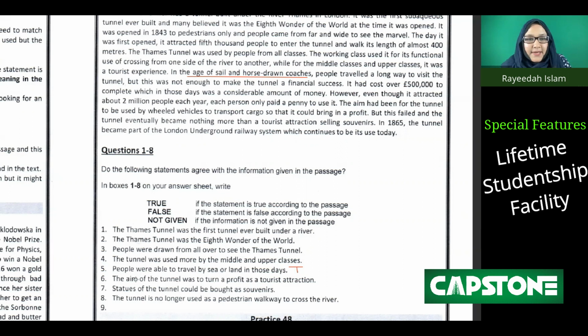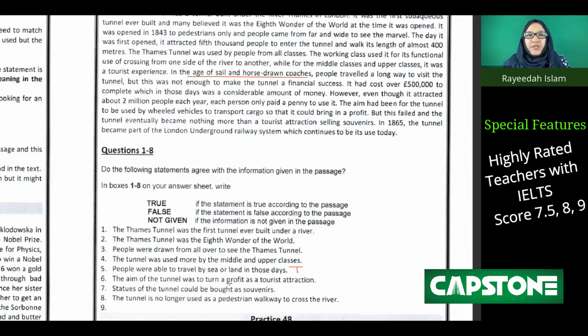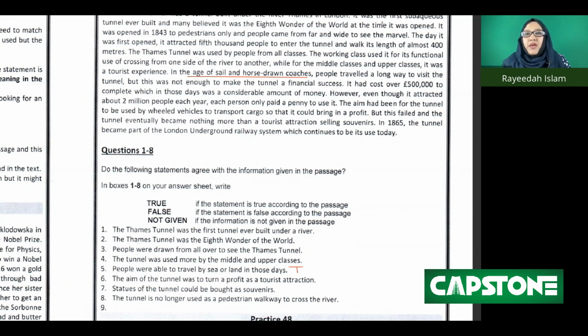Okay, then let's see. The aim of the tunnel was to turn a profit as a tourist attraction. Okay, now let's see. People traveled a long way to visit the tunnel, but this was not enough to make the tunnel a financial success. It had cost over 500,000 pounds to complete, which in those days was a considerable amount of money.